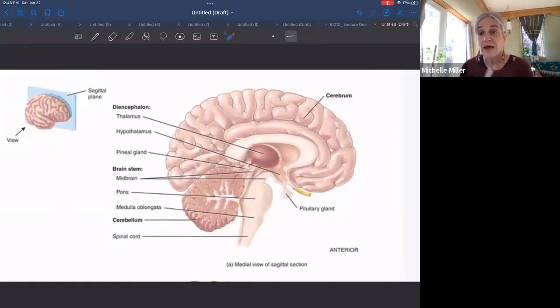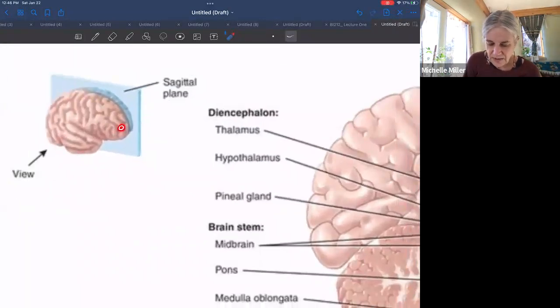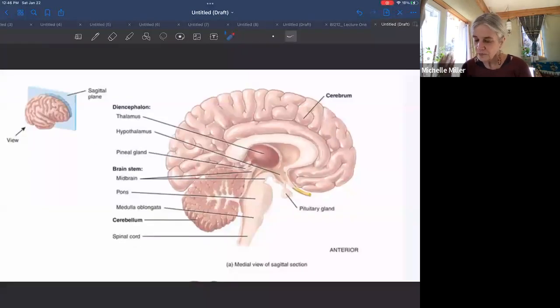This is one hemisphere, but we're looking at it from the inside, the medial side of the hemisphere. On this diagram, this would be the frontal lobe, the parietal lobe, the temporal lobe, the occipital lobe, and then your insular lobe would be inside that groove.